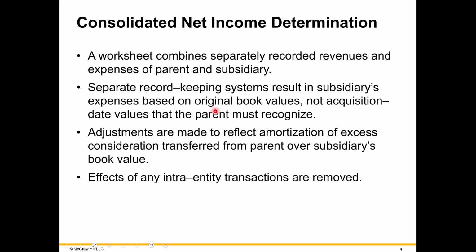That could be on the parent's books, but we're going to be doing that as an adjustment, at least for the current year, only on the worksheet. And we're also going to see eliminating any intercompany transactions that leave some type of asset or liability. Those transactions between the parent and sub have to be removed.